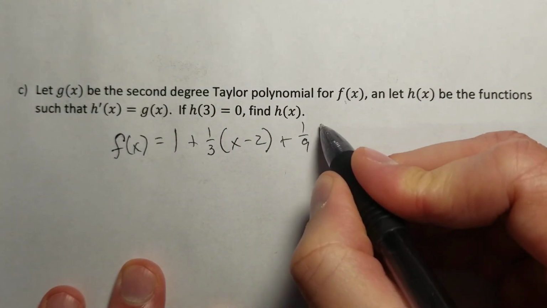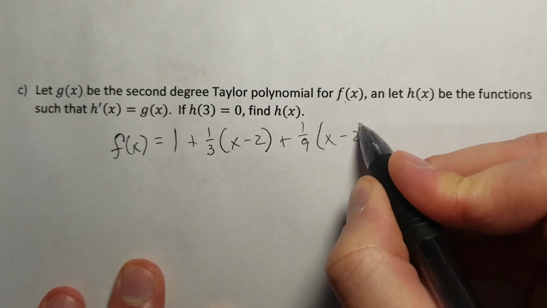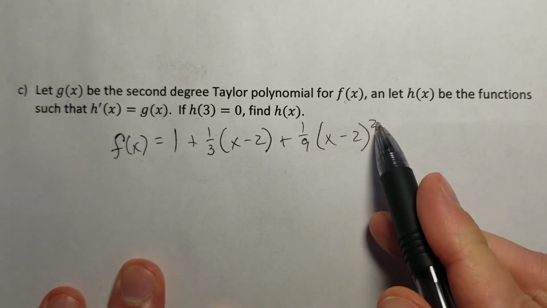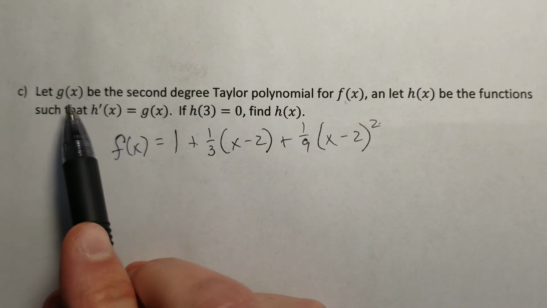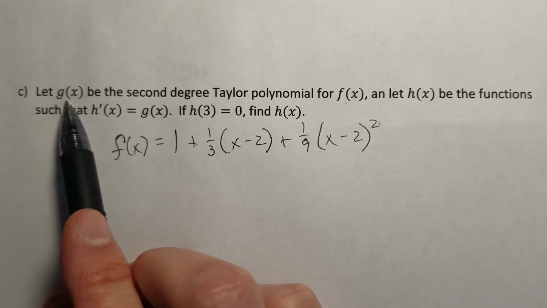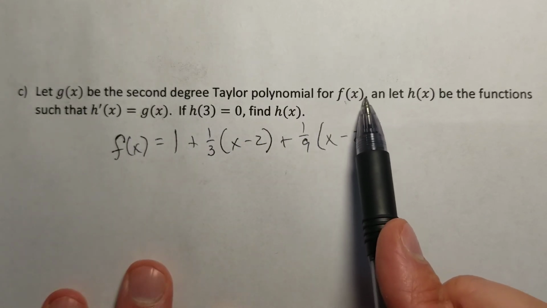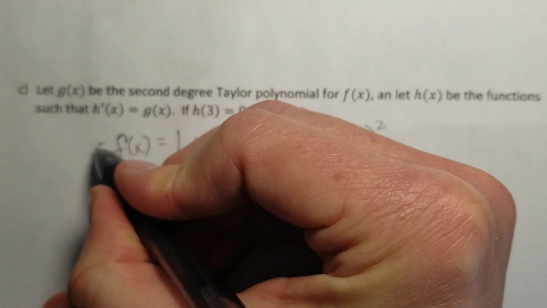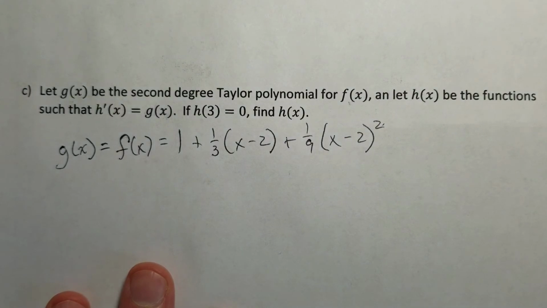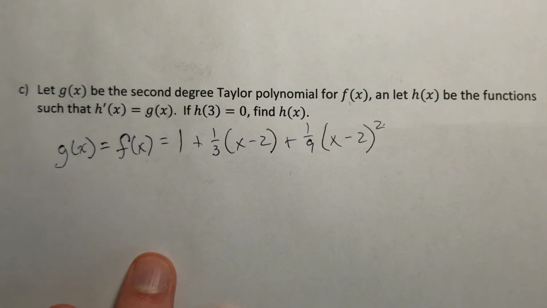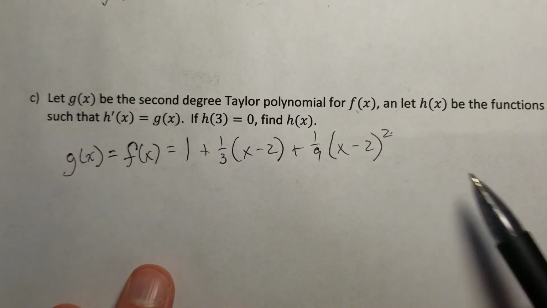Plus 1/9 times x minus 2 squared. X to the second would be our second degree polynomial. And this problem starts off by saying let g of x equal the second degree polynomial for f of x. So we can say that this is g of x. Okay? So that's the first little clause there of the thing.